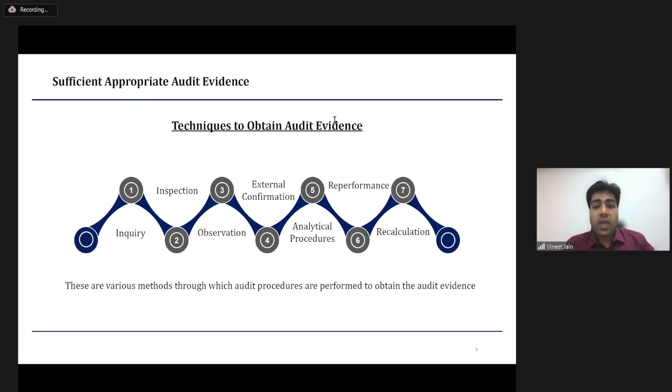When we talk about inquiry, this is the technique, as we discussed before, of oral audit evidence, wherein we hold discussions with the management, have verbal communications with those charged with governance, or hold meetings with internal controls or other stakeholders and gather information. All of this interaction is known as inquiry. And this inquiry is also required to be documented. How do we document such oral communications?